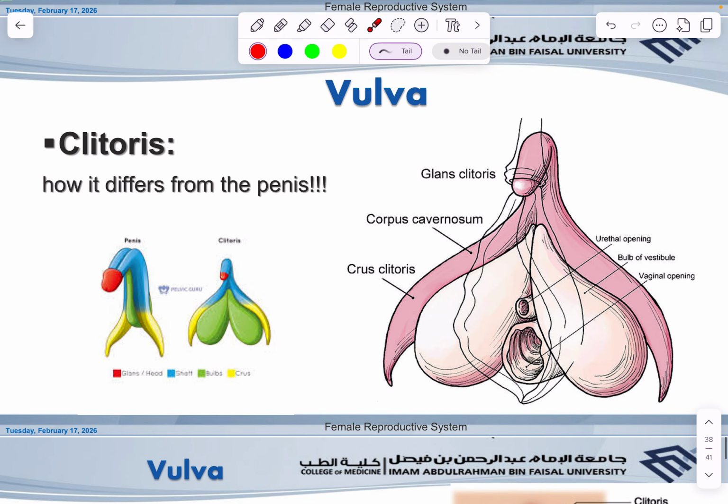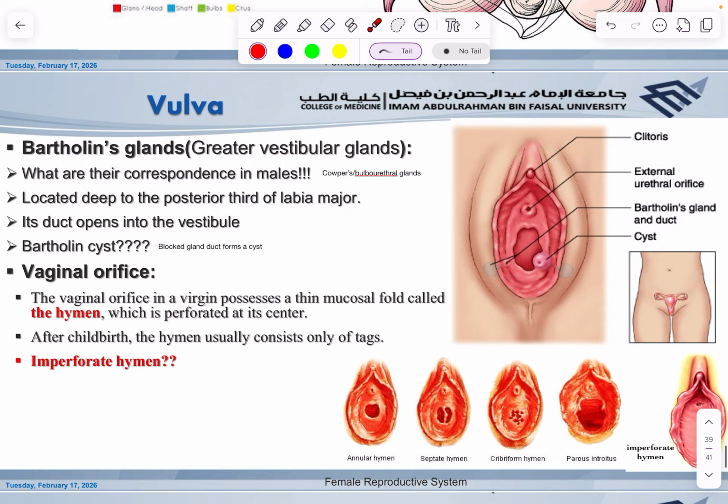Regarding the clitoris and how it differs from the penis, the doctor mentioned that the bulb itself in men is only 1 part, and in the clitoris it's 2 parts, which are these 2 parts in green. As we said above, we have the Bartholin's glands, and their correspondence in males is the Cowper's or bulbourethral glands.